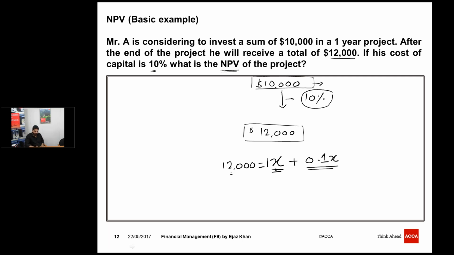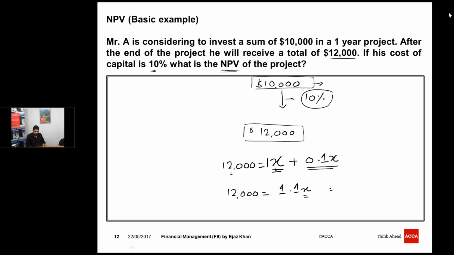So let us now solve it. 1 plus 0.1 will be equal to 1.1X, and it should be equal to $12,000. All we have to do is find out the investment which Mr. A needs to make in this project to get this $12,000. Can you help me in calculating the value of X? Just put your value in the chat box so that I know.